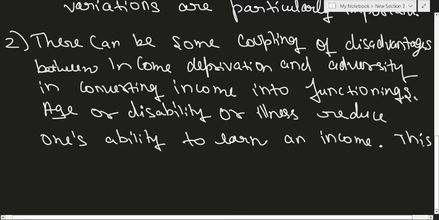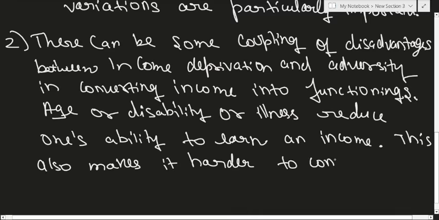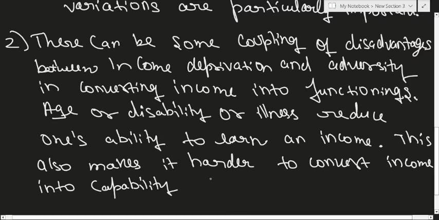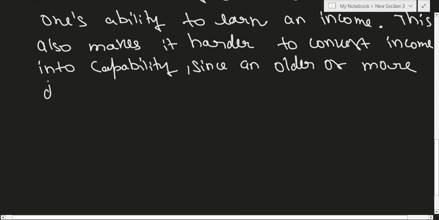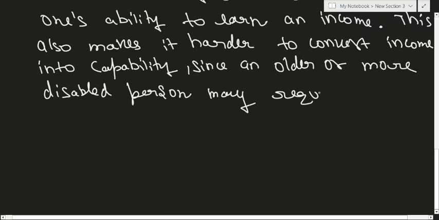This also makes it harder to convert income into capability, since an older or more disabled person may require more income to achieve the same functionings.